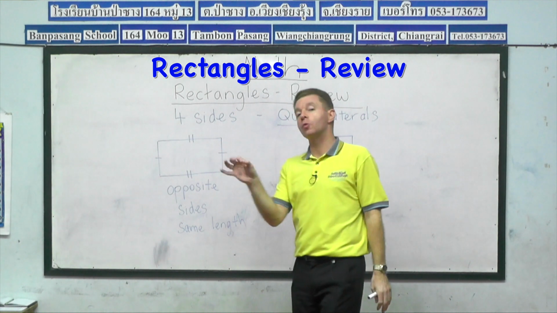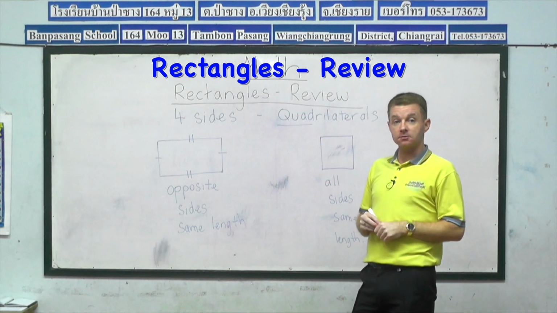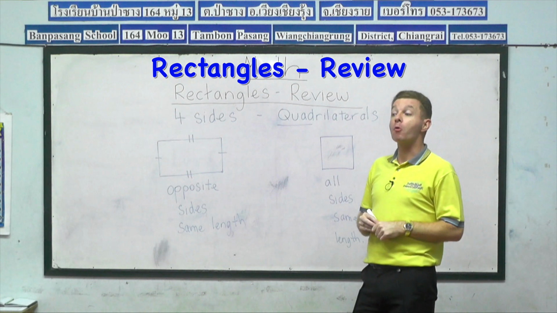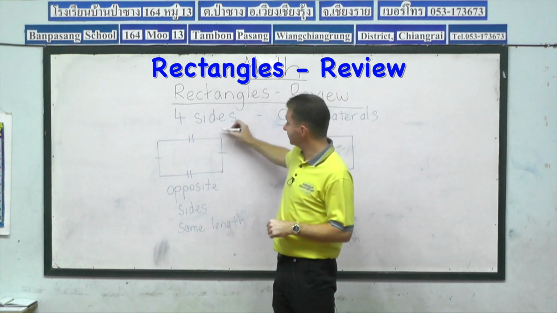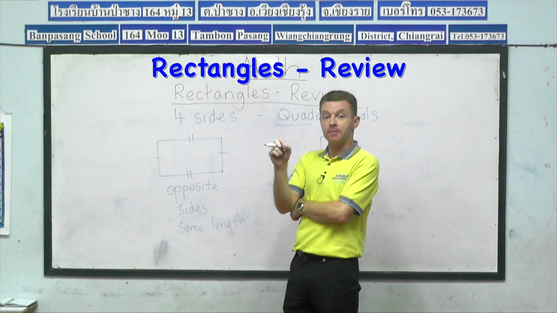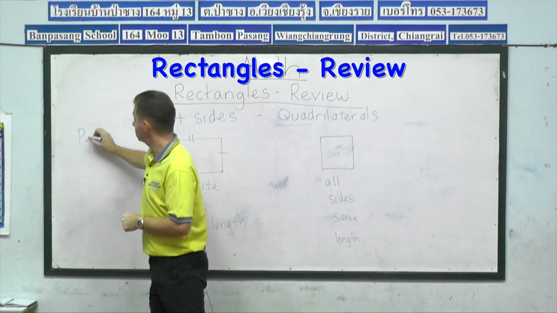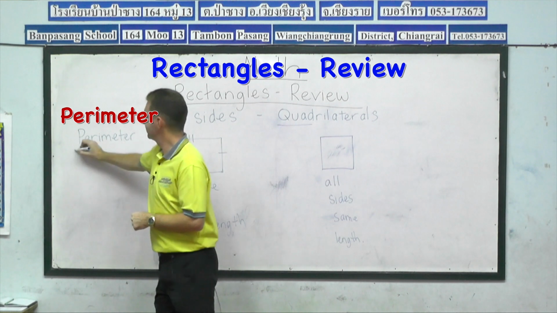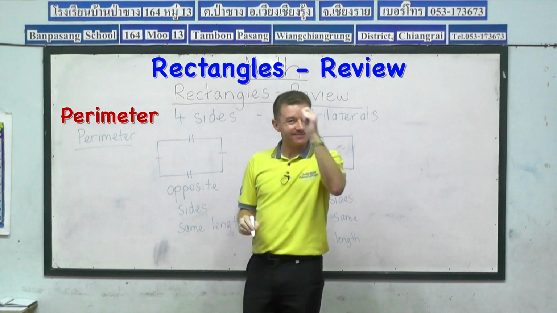And we learned how to work out 2 different types of factors regarding rectangles. The first one, perimeter. Yes, the perimeter is the distance all the way around the outside of a shape. So perimeter, the way that we calculate a perimeter, excellent, well remembered.